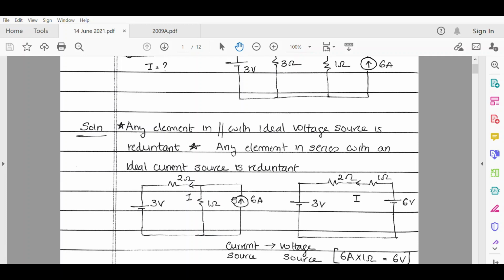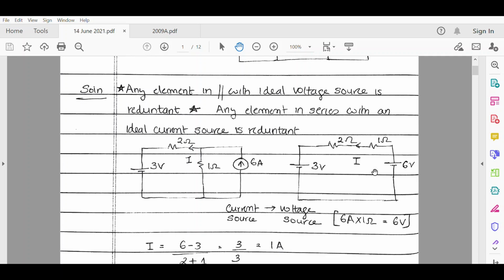We can convert it into an equivalent voltage source, and that equivalent voltage source has a magnitude given by 6 amperes into 1 ohm, that is 6 volts. The polarity also has been marked correctly in accordance with the direction of current, and the source impedance does not change in value, but it is included in series with this voltage source.